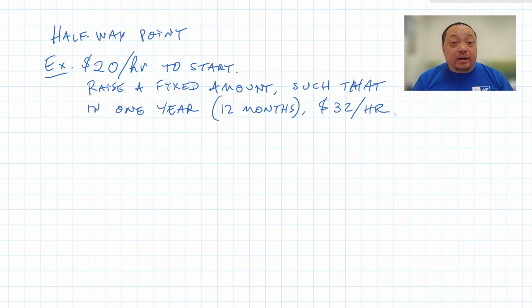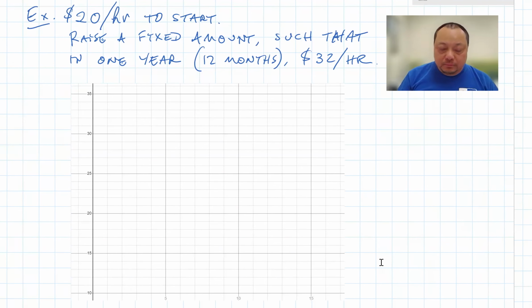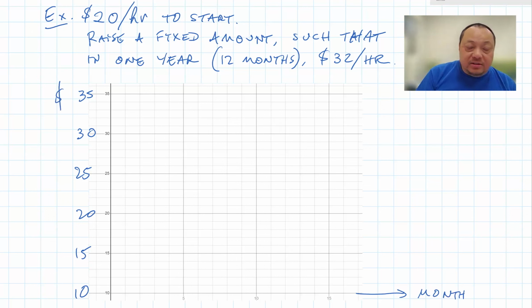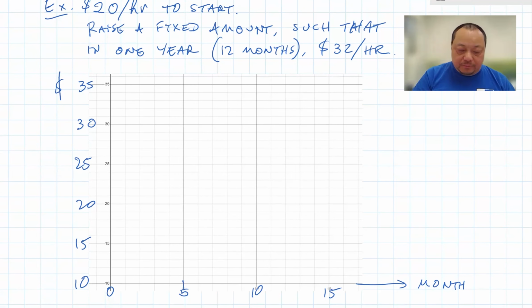What would that look like on a graph? All right, so here's a grid. The numbers are kind of small, so I'm going to write it bigger. This is 30, 35, 25. And on the x-axis is month. The y-axis is a dollar amount. Here's 0. 5 months later, 10 months later, 15 months later.